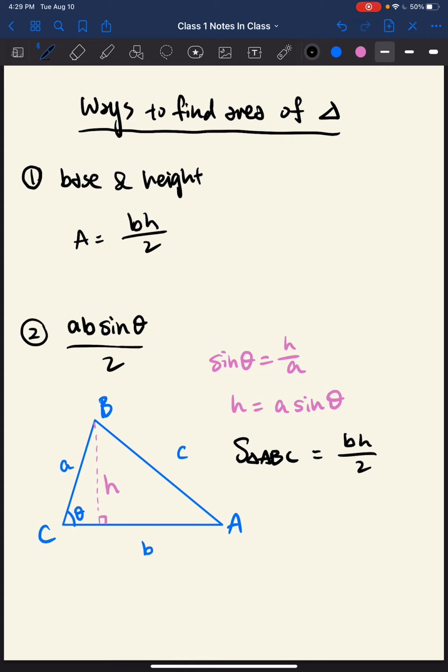And since height equals a times sine theta, we can substitute h in here. So it's b times a sine theta over 2. And if we simplify it a little bit, it should be ab sine theta over 2. So this is where our second formula came from.